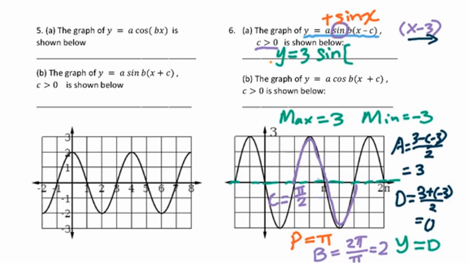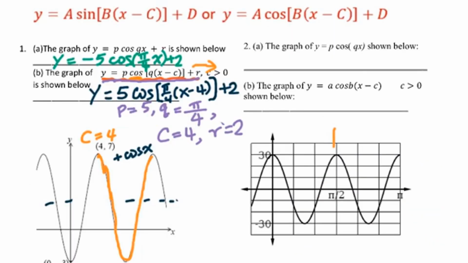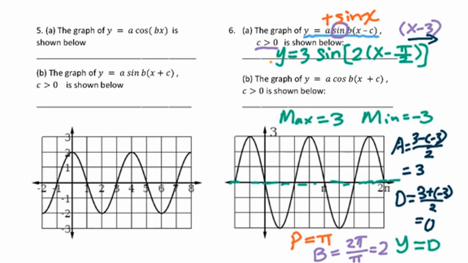B, that's 2. Then we do x minus pi over 2. Remember, we always do x minus c. So when you figure out the c, you have to do x minus c. Inside is a liar.